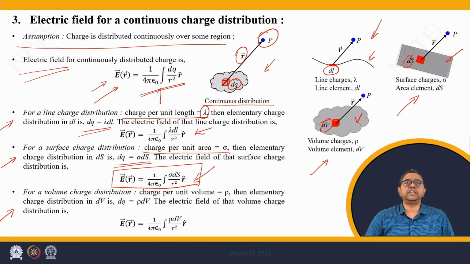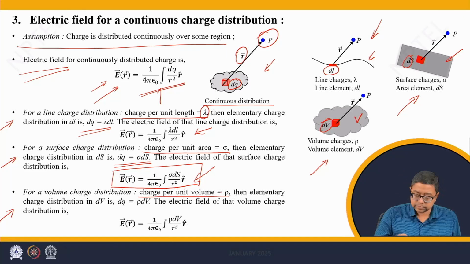Now, the charge density is given by the charge per unit volume, that is rho. Thus, the elementary charge in dV becomes rho into dV.